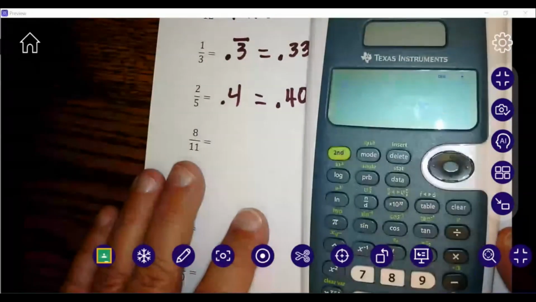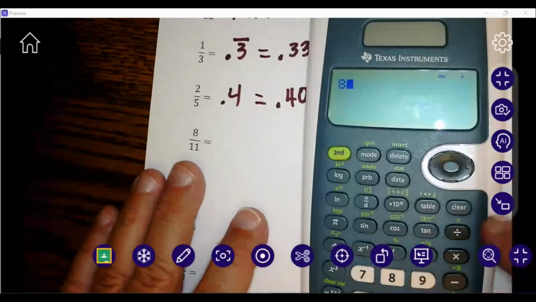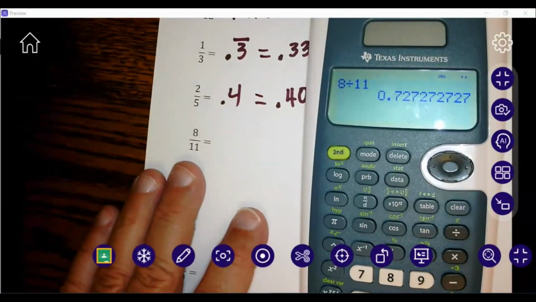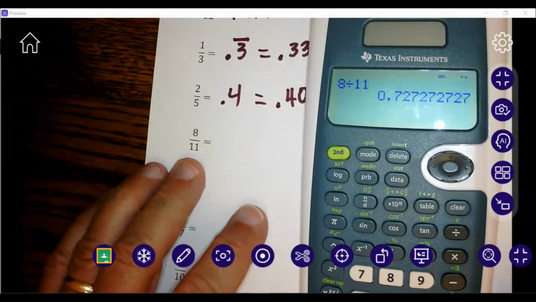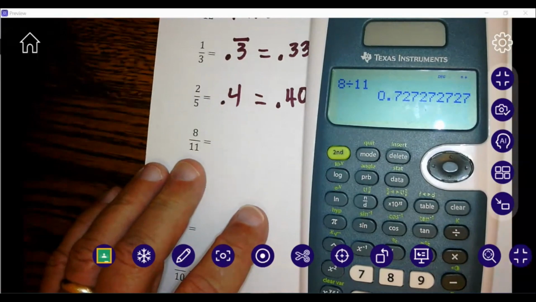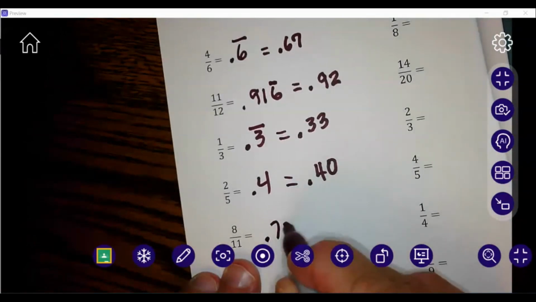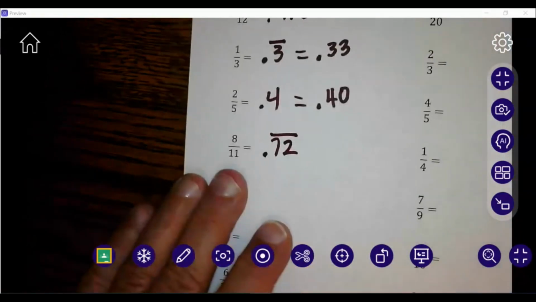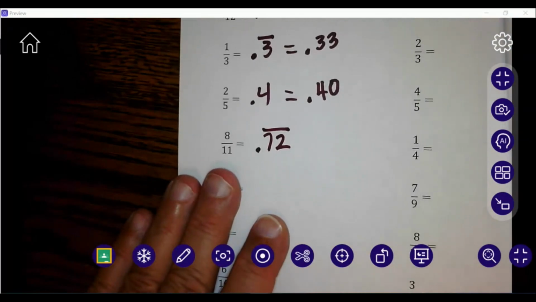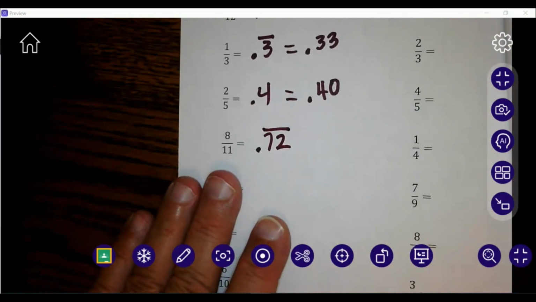All right, let's look at the next one, 8/11ths. So I'm going to punch in my calculator 8 divided by 11. And I get 0.7272727272. That pattern is repeating, so that is a repeating decimal, and we would write 0.72 with a bar over the top of the 72. That's the pair of numbers that are repeating.